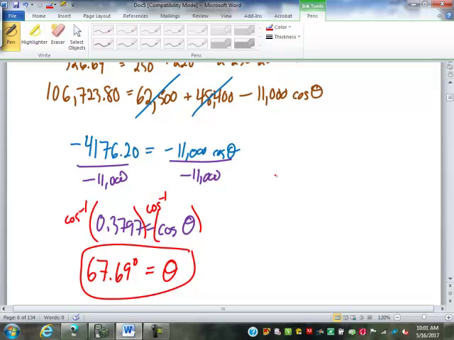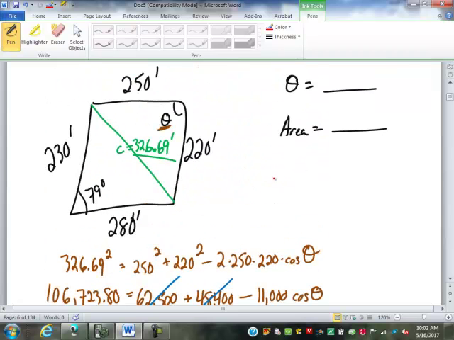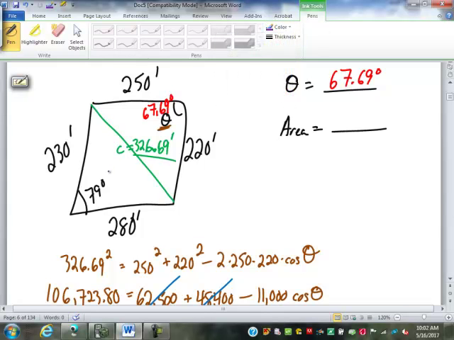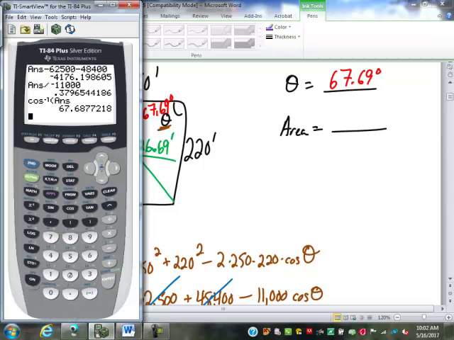67.69 degrees. So for areas, area 1, 230 times 280 times sine of 79 divided by 2. 31,608.4, we'll call it.